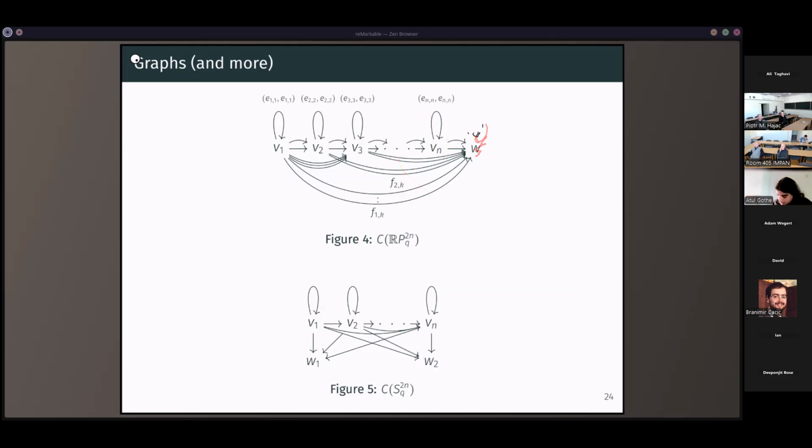And C of SQ2n is more complicated. It's no longer just defined in this way, but we now have two sinks for C of SQ2n. We have n number of vertices, each has a loop. Again, this part remains the same, where we just have a single edge which goes to the next vertex along the line.